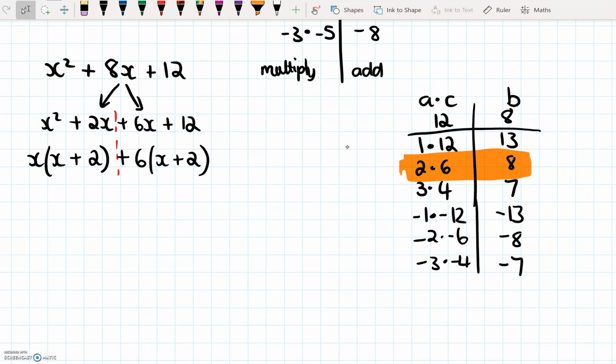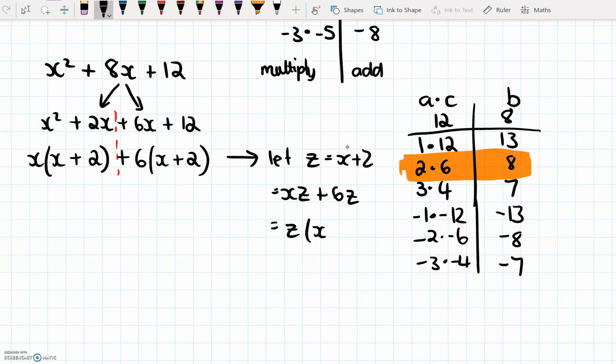So remember what we said here was let z equal x plus 2, what's in the bracket. So now we have xz plus 6z. This was the long way that we were doing it. We take z as a factor now, and then we have x plus 6.